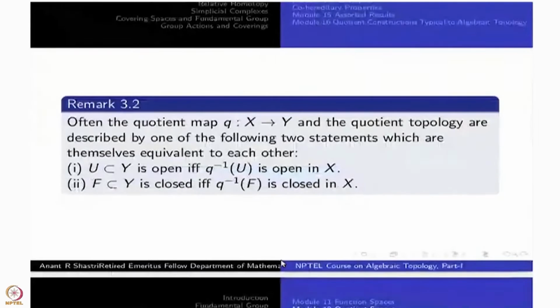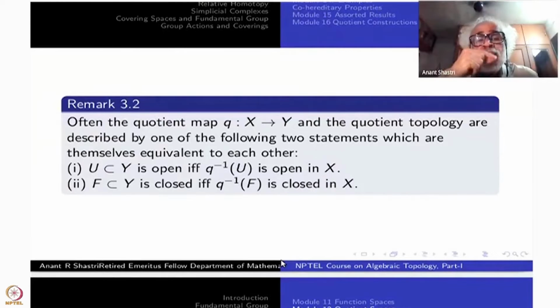Often, the quotient map from X to Y and the quotient topology are described by one of the following two statements. So you should know various different definitions here. They could all be taken as the definition of quotient space.